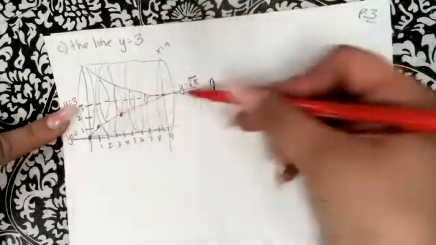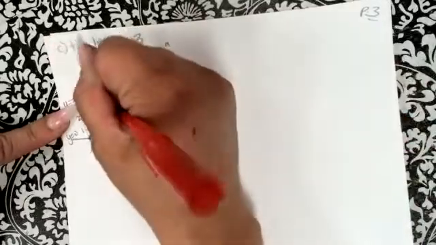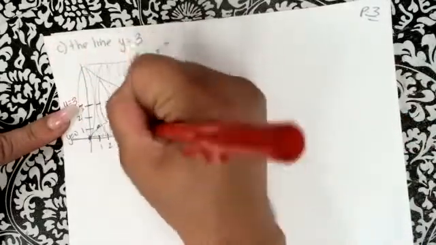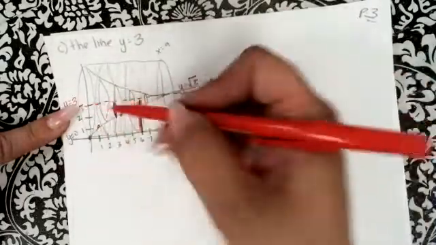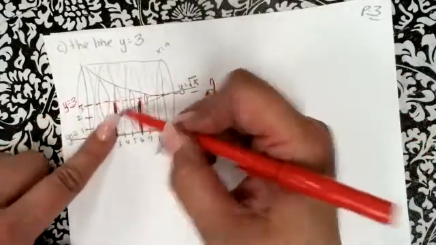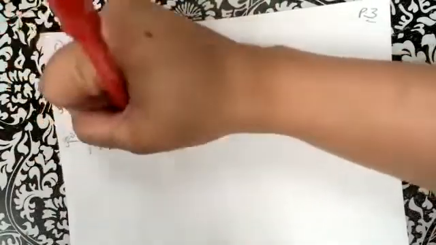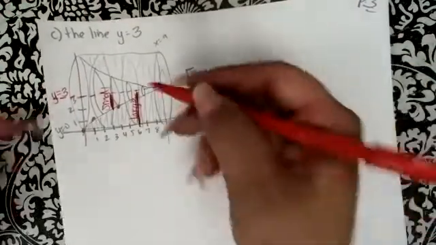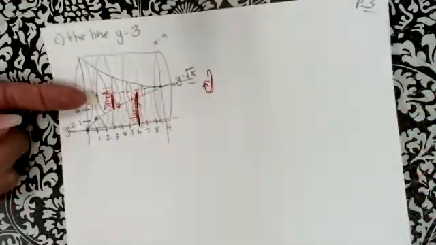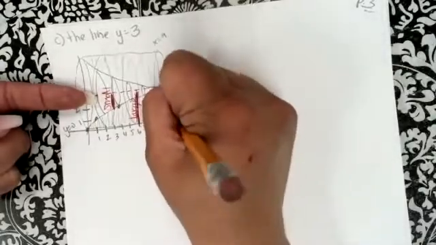Now, if this is the axis of revolution, this is going to be a radius, and this is going to be a radius. This one is going to be the small. This one's going to be the large. And this is the line y equals 0 right here.